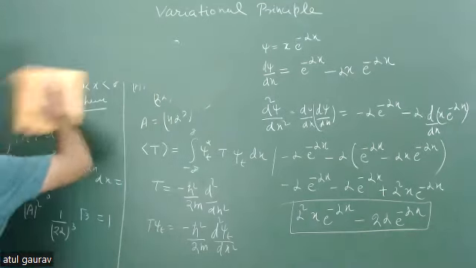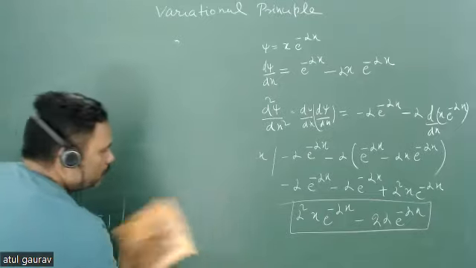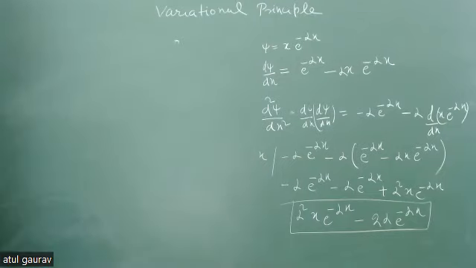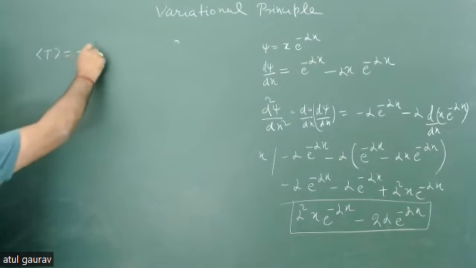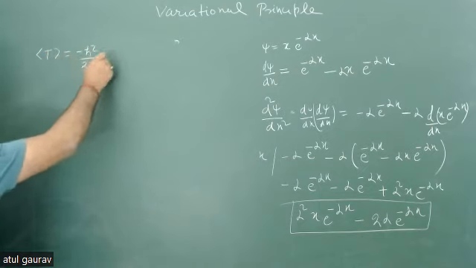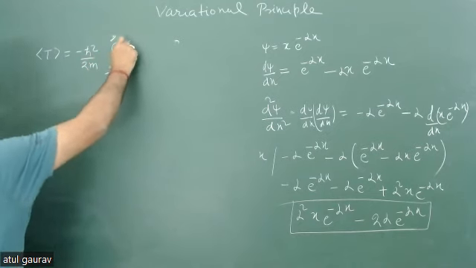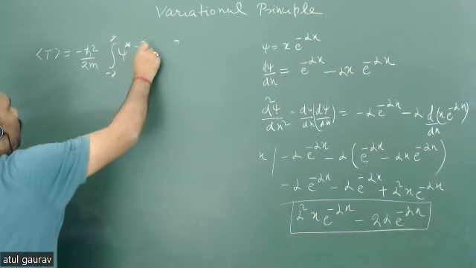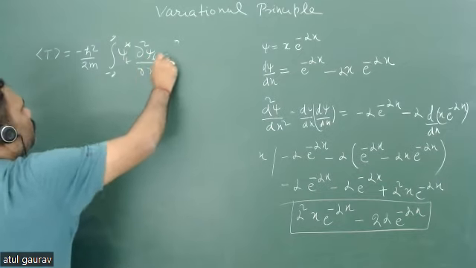Now let's try to calculate the average value of kinetic energy. So the average value of kinetic energy, now this value is minus h cut square upon 2m, integral from minus infinity to plus infinity of psi star times d square psi upon dx square dx.